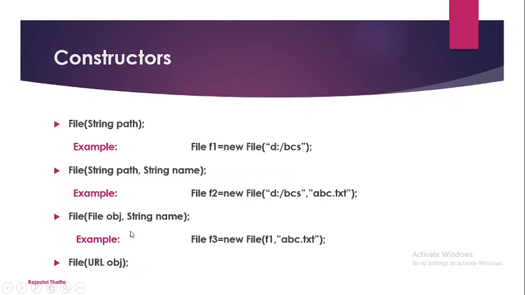Okay, next one. Again File, and again here I am using two parameters. The first parameter is File obj, that is a file object, comma, String name. Let us consider you have already created some object, just like f1 over here, which already has a path in it, d:/bcs.